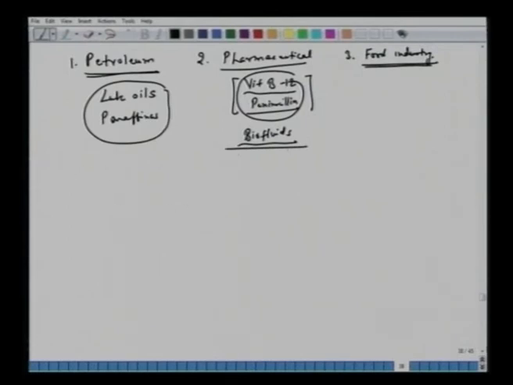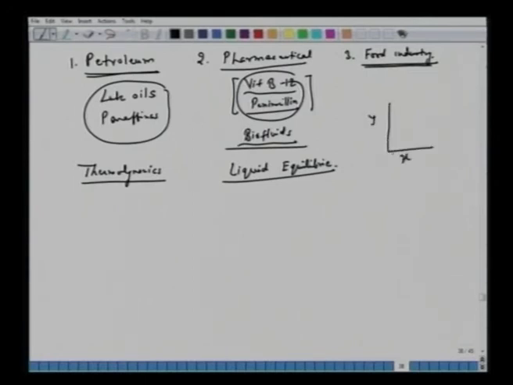So we begin first with thermodynamics. Our approach is the same as what we adopted for absorption and the distillation column. One has to establish liquid equilibrium. Just like in the case of absorption, we started with Henry's law. So there has to be some equilibrium curve, y versus x.